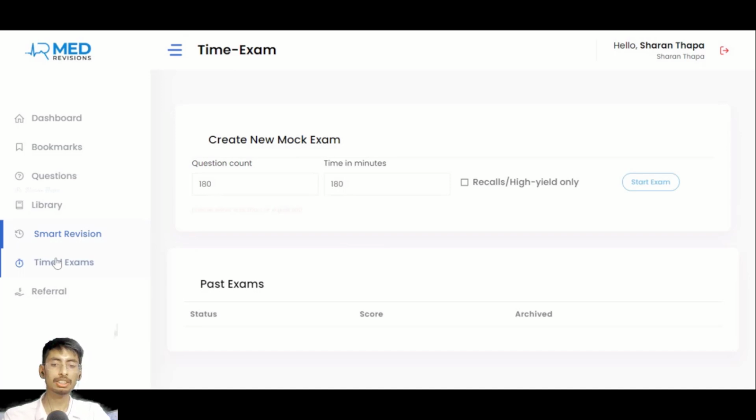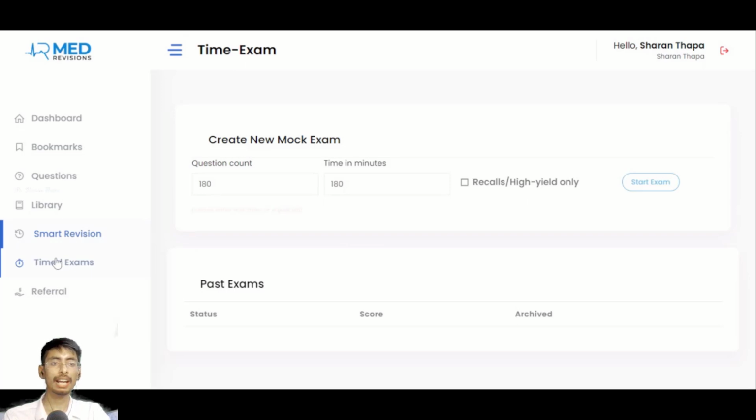So I suggest, if you are doing mocks in whatever resource, in Plabable or Medrevision, try to do 180 questions in 180 minutes. In this way you have familiarity with the mocks and the examination, that time-pressured examination. And you learn to manage the time accordingly.